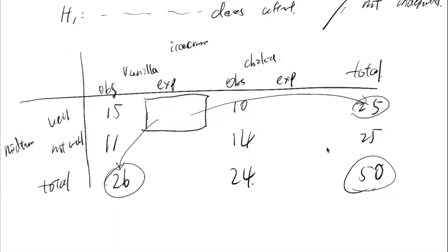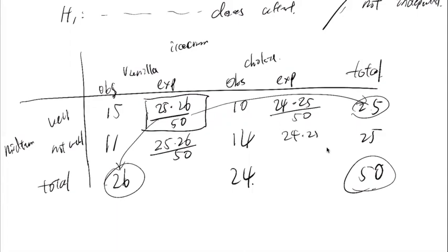So this one will be calculated by 25 times 26 divided by 50. And this one will be 25 times 26 divided by 50 again. And this will be 24 times 25 divided by 50, and then 24 times 25 divided by 50.